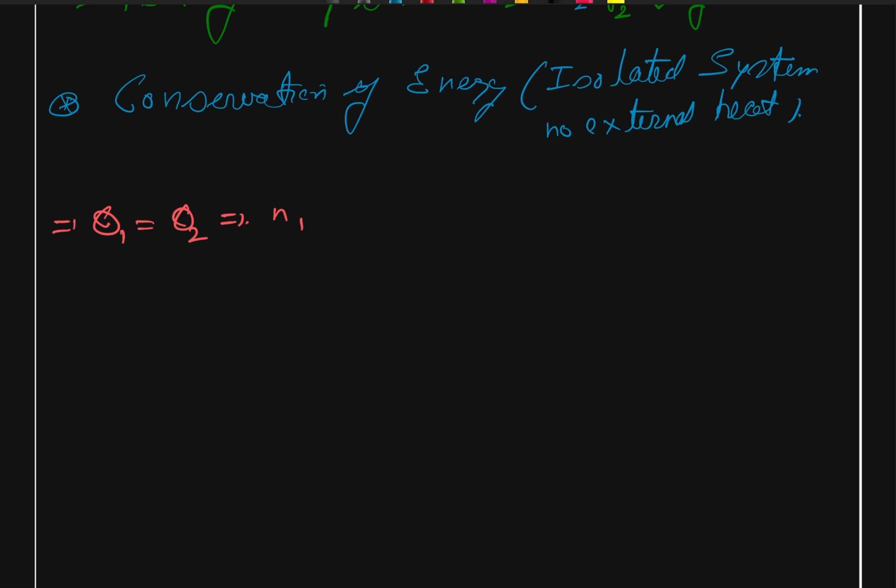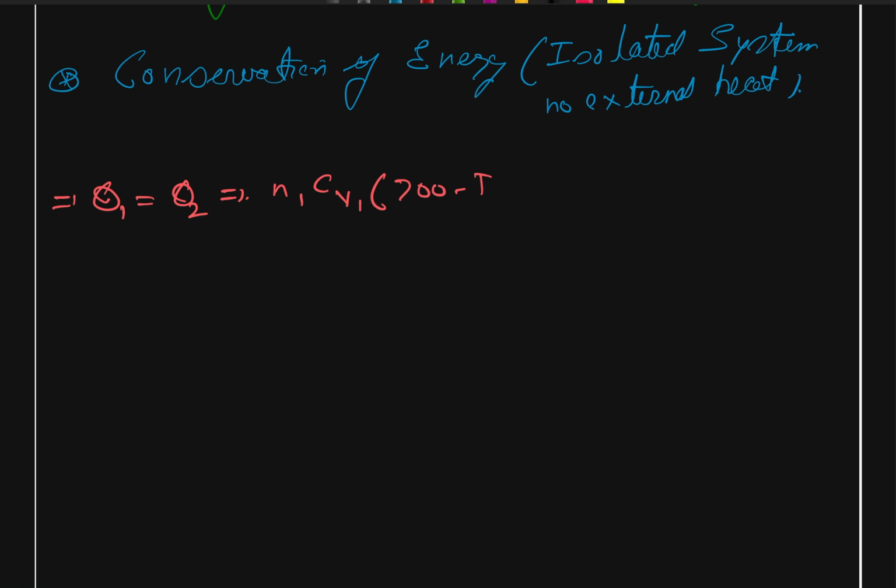So we get this as our 700 minus TF is equal to N CP2, and we have this as TF minus 400. Okay. And we simply substitute the values.